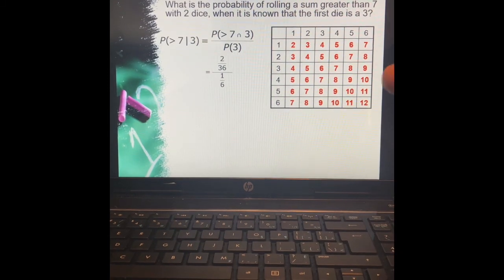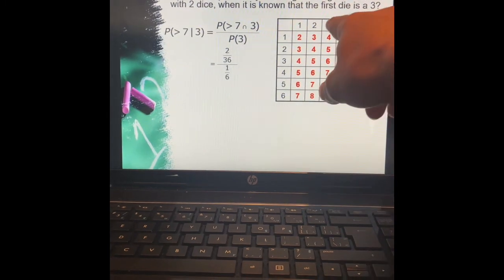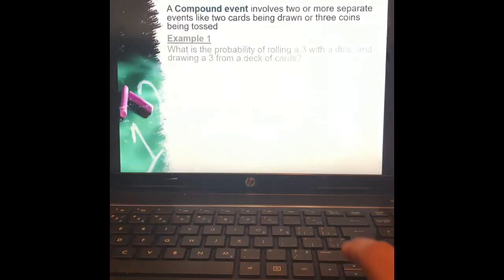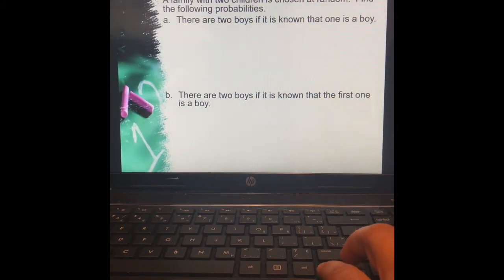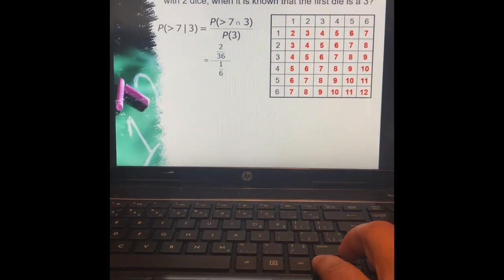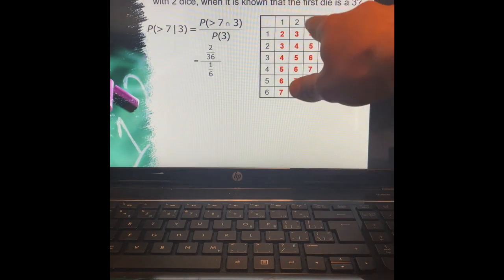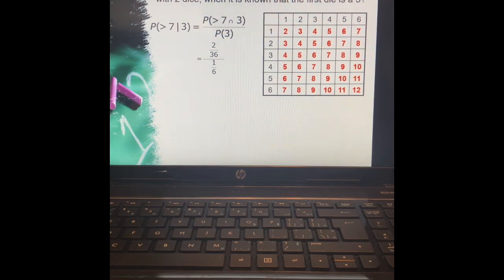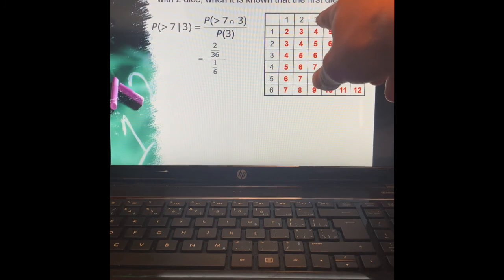Now, the probability of just getting a 3 is, well, if you roll the 3, you've got 6 other options here. So if you wanted a 3, rolling a 3 is 1 out of 6, or you could consider it as you've got a 3 here.